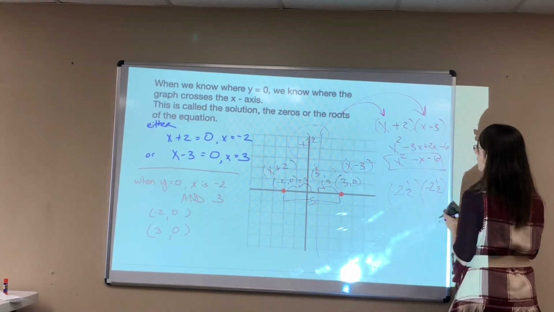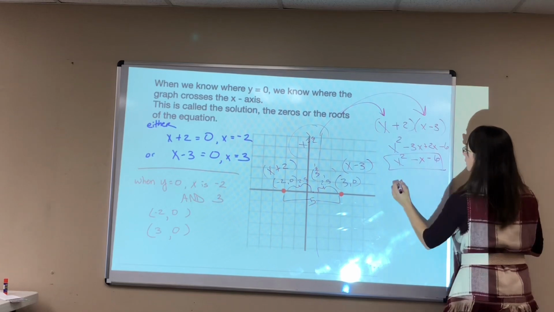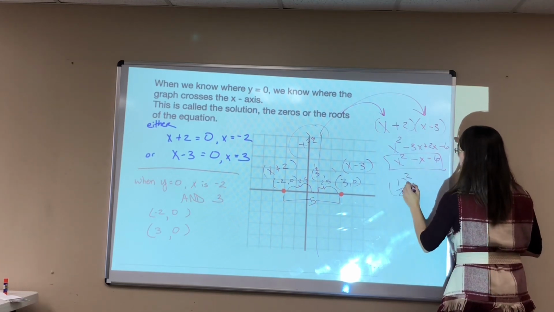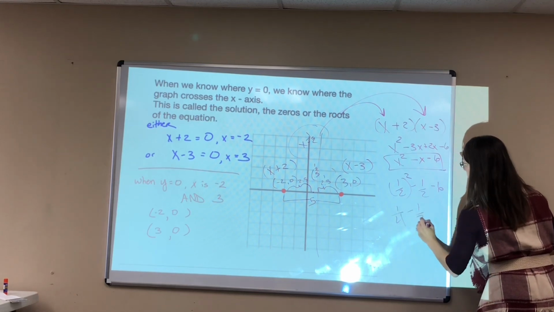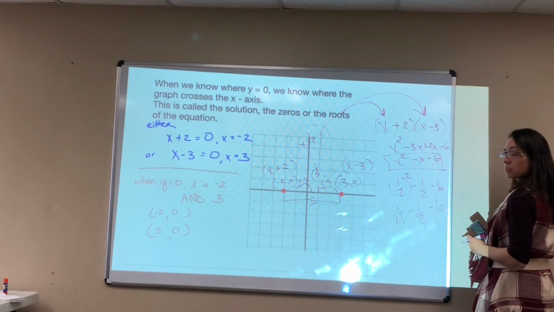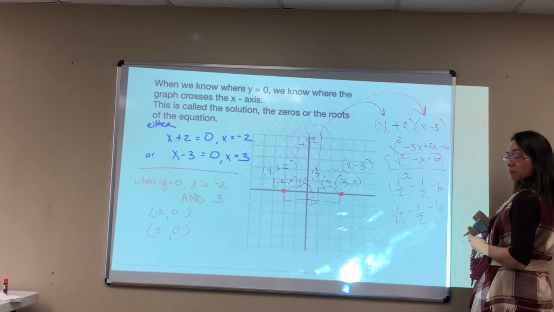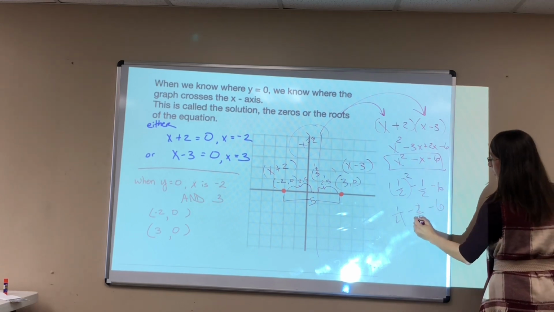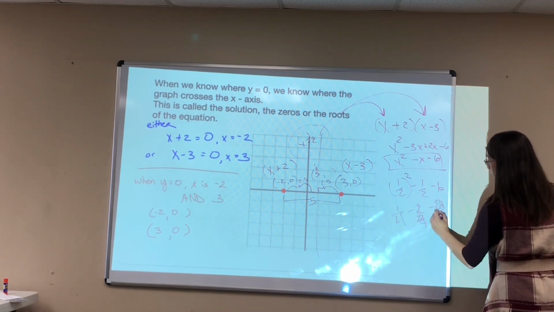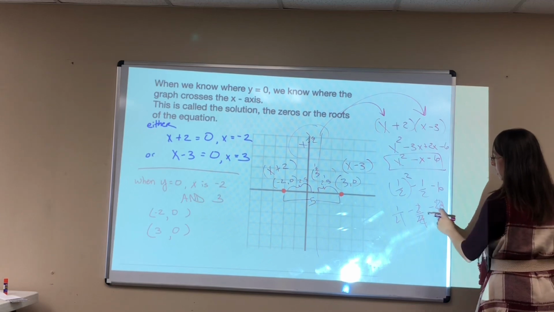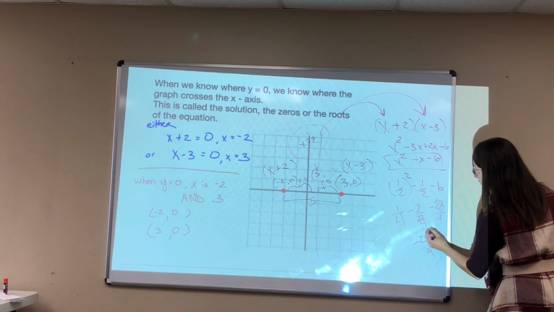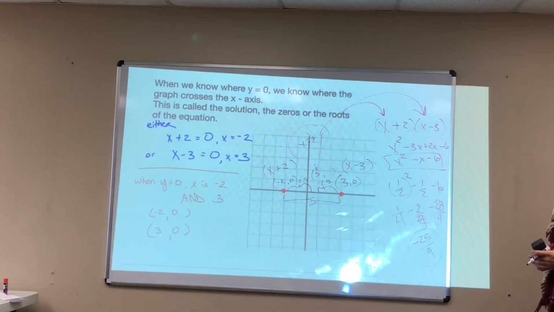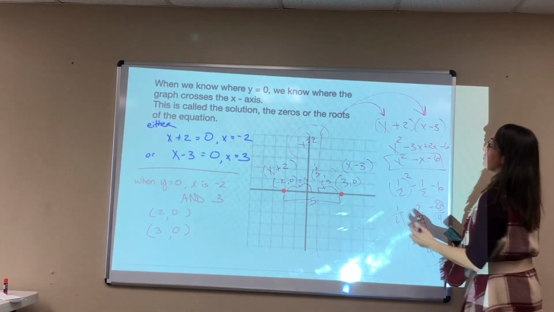We can plug in 1/2 squared minus 1/2 minus 6 and get 1/4 minus 1/2 minus 6. They all have to have the same denominator. So we're going to turn this one into 2/4, and this one into 24/4, and have -25/4 is our y value.